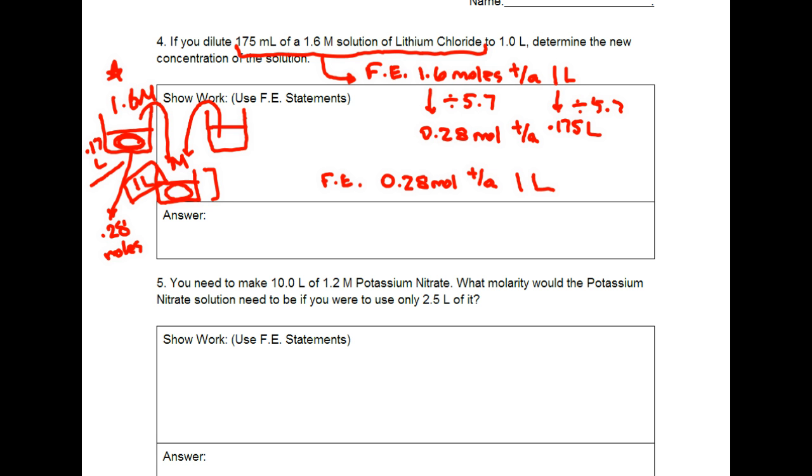And I gave you guys a freebie here, because whenever you see a for every statement that involves moles and liters, and you have 1 liter, this is another way of writing the molarity equation itself, in which case the number of moles is actually the molarity. So the molarity for this solution that we ended up with should have been 0.28.